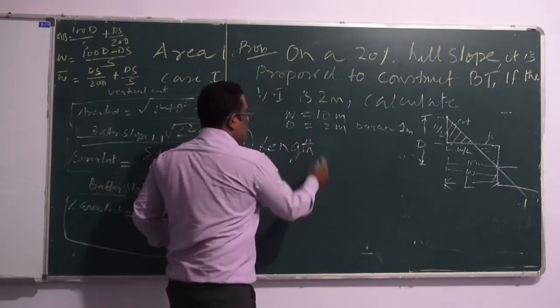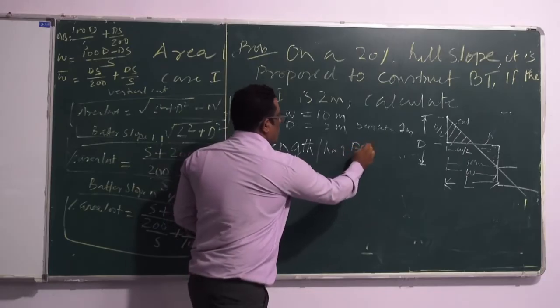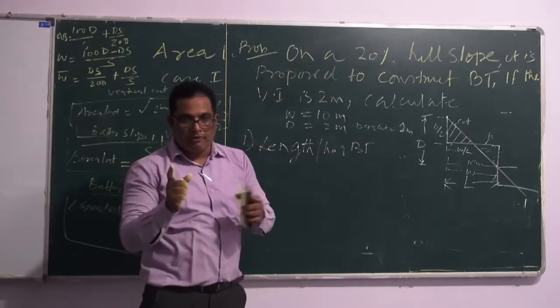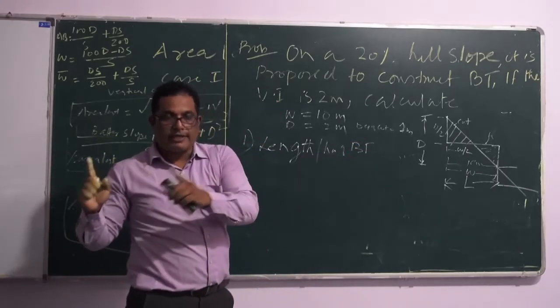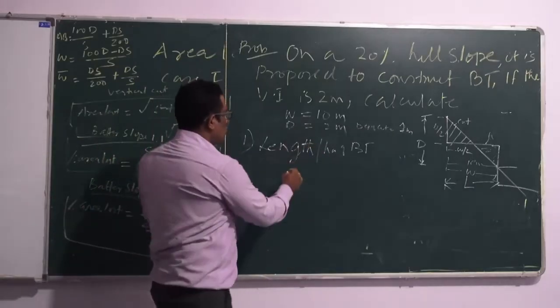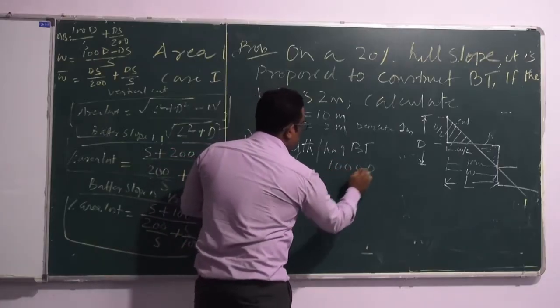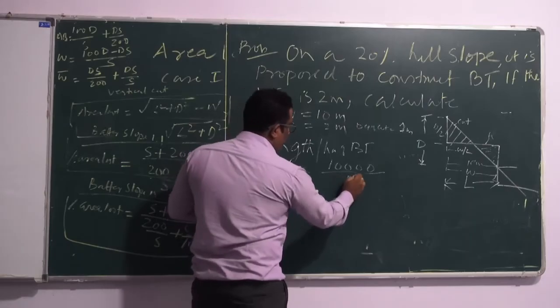this is not that visible. Length per hectare of bench terrace will be, hectare is 10,000 square meters divided by the width or the horizontal spacing. 10,000 divided by width.